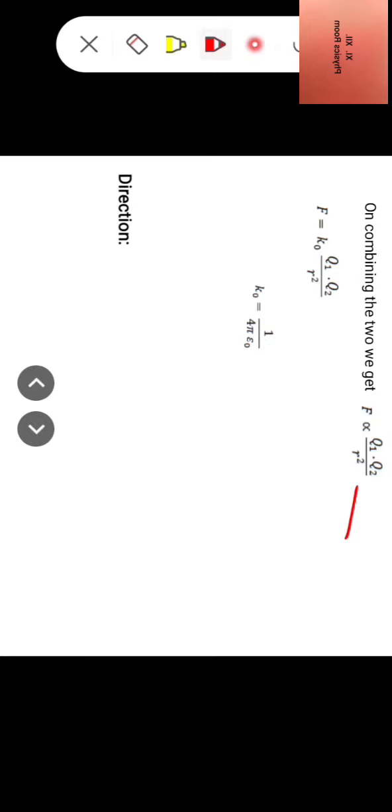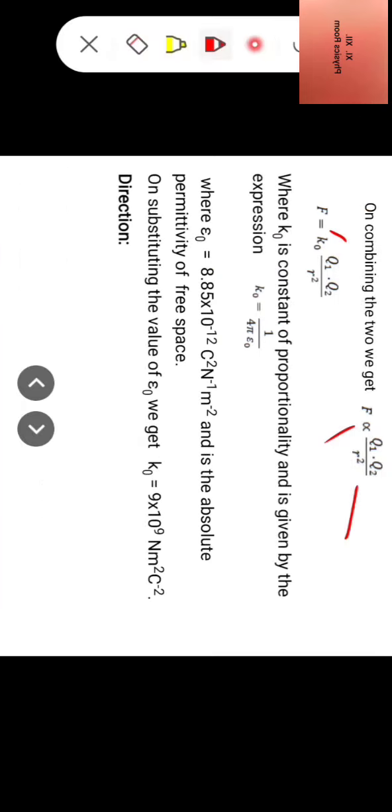F is equal to K naught Q1 Q2 by r square, where K naught is the constant of proportionality, given by K naught equal to 1 by 4 pi epsilon naught, where epsilon naught is equal to 8.85 into 10 raised to power minus 12 Coulomb square per Newton per meter square and is the absolute permittivity of free space.